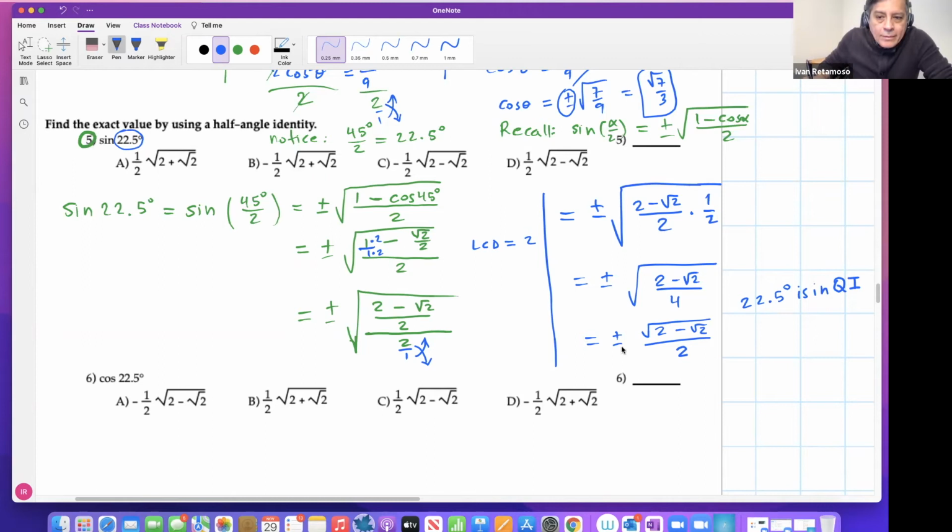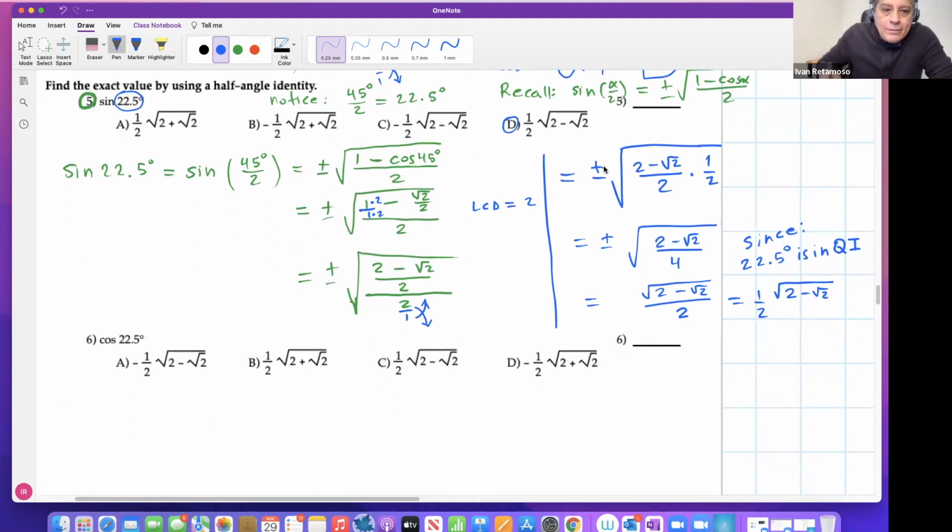So therefore, you erase the negative, and this stays positive. So let's erase it here. That's it, right? This is your answer. So now mathematicians write this equivalently this way: 1/2 of the square root of 2 minus the square root of 2. Same, right? So just look for that here. Is here. Excellent. Number 5.